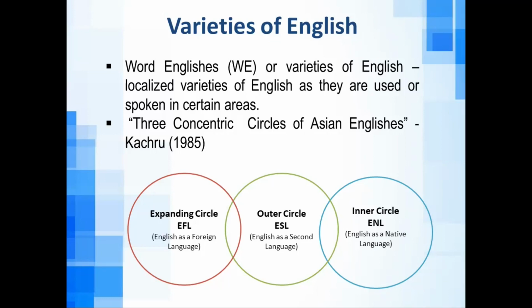The second dispersal is where English is transported to Africa and Asia. So the second diaspora involved the colonization of African and Asian countries by the British, and that brought about new varieties of English, which are called the second language varieties.